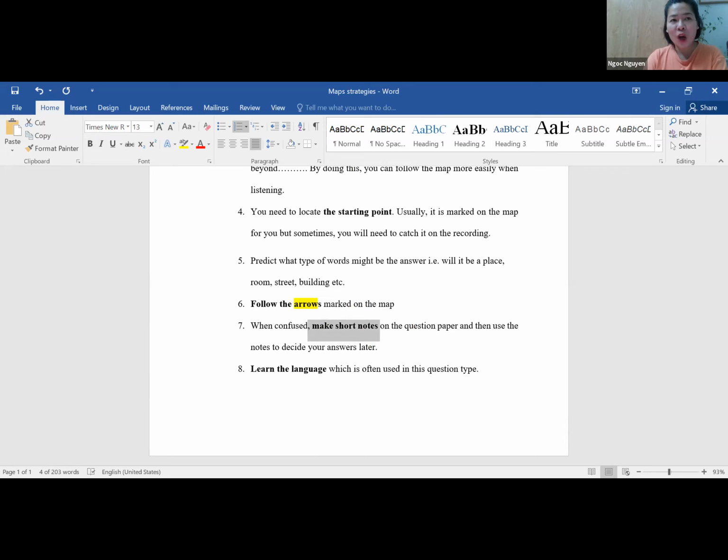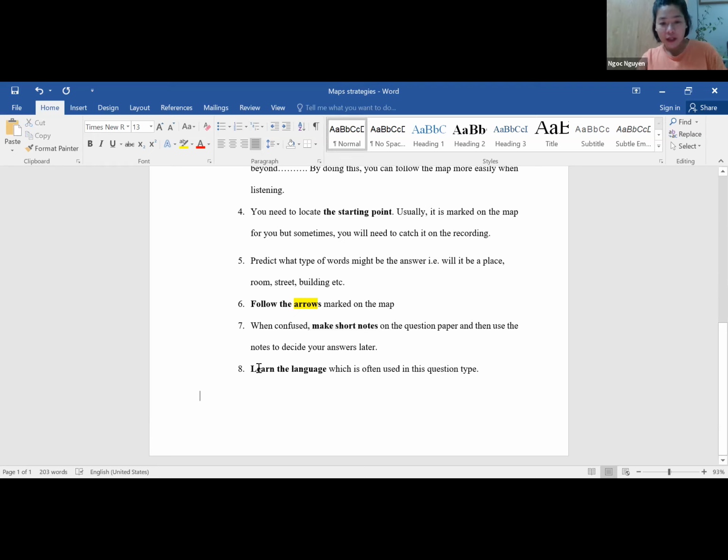And when you are following or reading a map, the words that you should take notes of are prepositions. Prepositions that show places or locations. Up, behind, front, below, next to, like that.